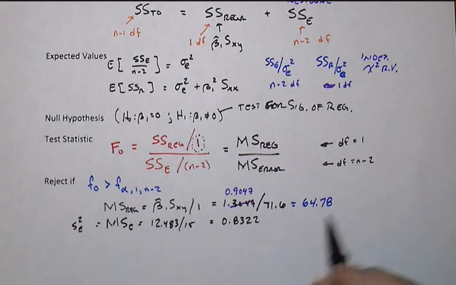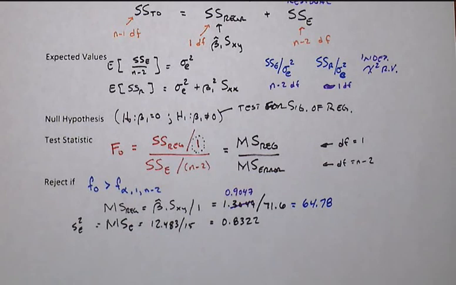Right, and so that means our F statistic that we get is 64.78 divided by 0.8322, and that's equal to 77.84.